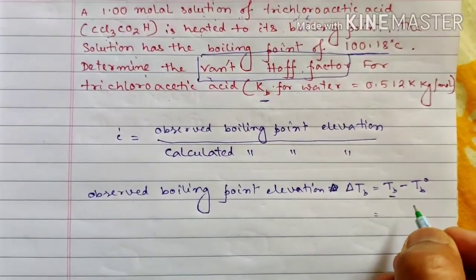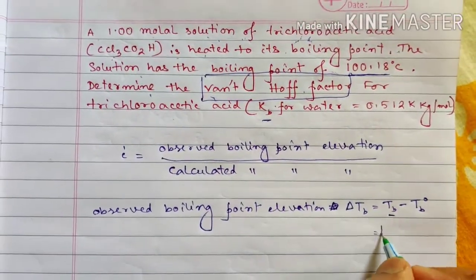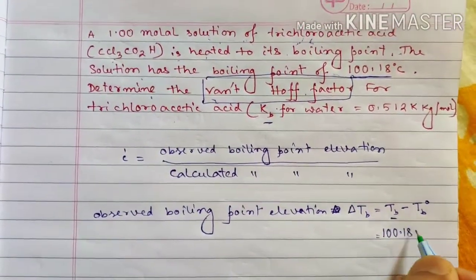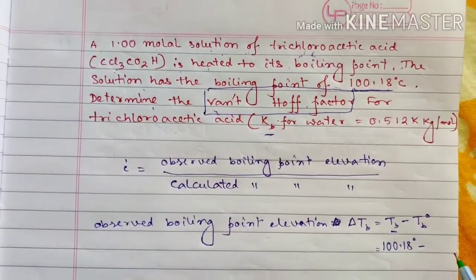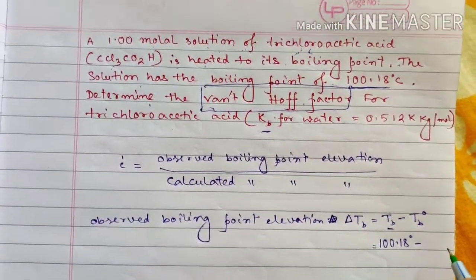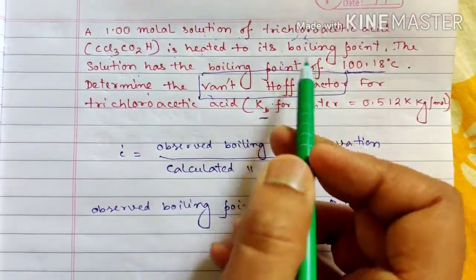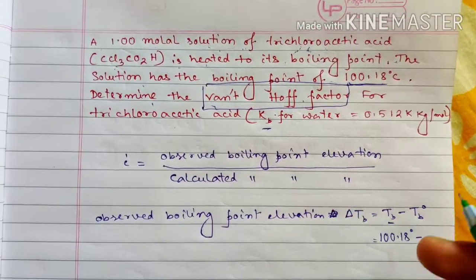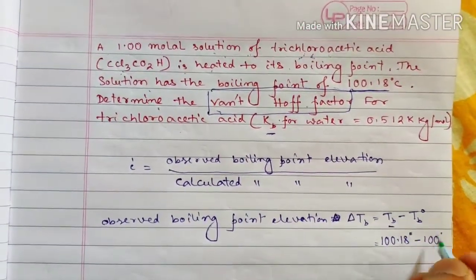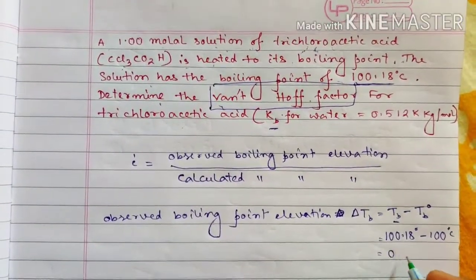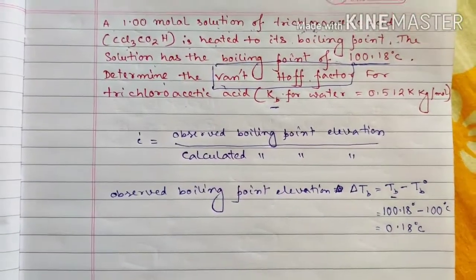The value is given, 100.18 degrees Celsius, minus... remember, what is the pure solvent? The solution is of trichloroacetic acid, which means the pure solvent is water, and the boiling point of water is obviously 100. So it is 0.18 degrees Celsius. That is the observed boiling point elevation.